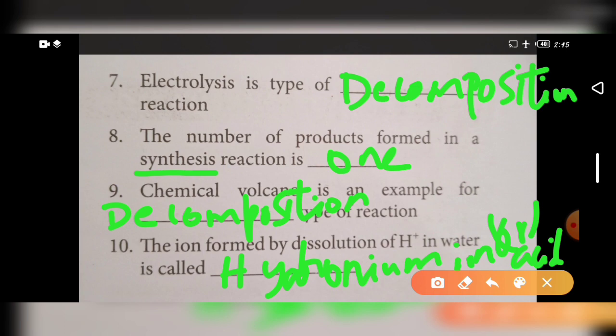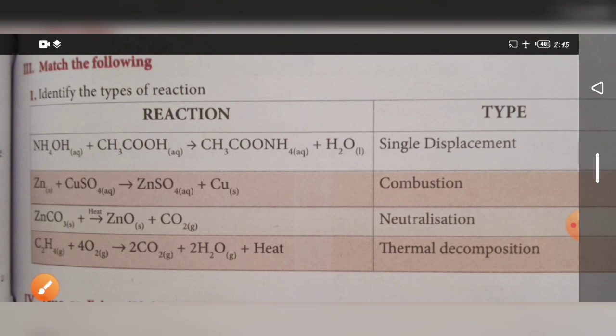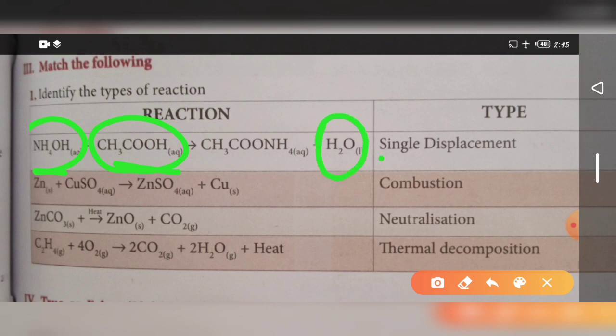Okay, next we go to match the following. Identify the types of reaction. See here, two compounds exchange, that is one base solution and one acid. Acid plus base gives salt plus water molecule. So this reaction is known as neutralization reaction. Next reaction, zinc plus copper sulfate. Zinc is more reactive than copper, so it displaces copper from copper sulfate solution.